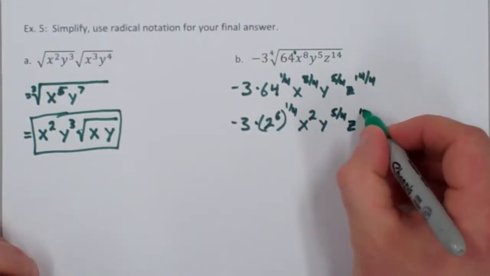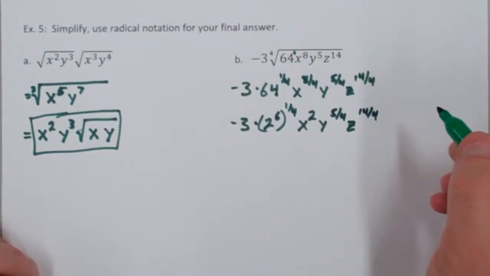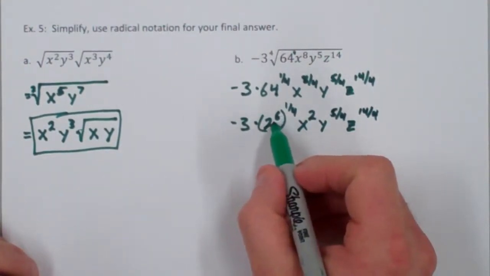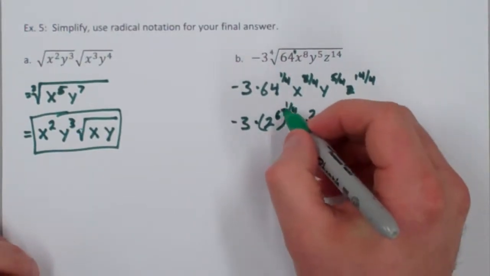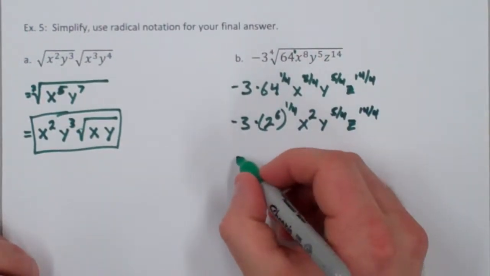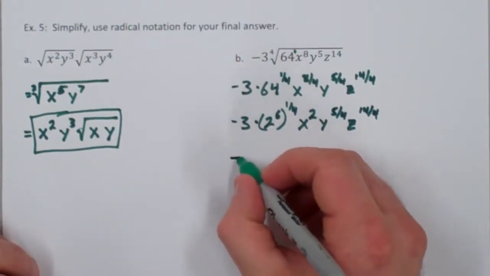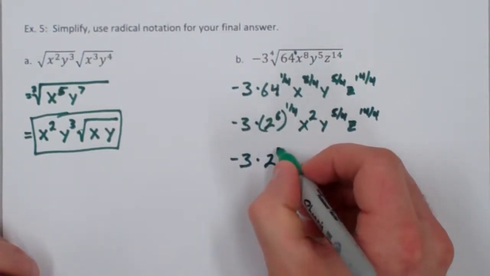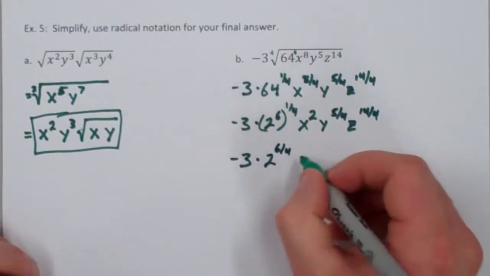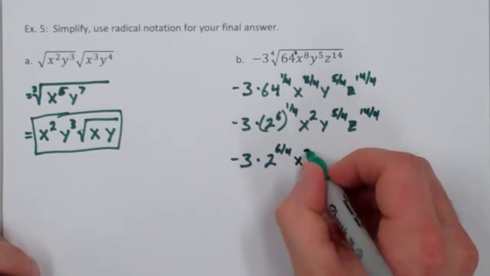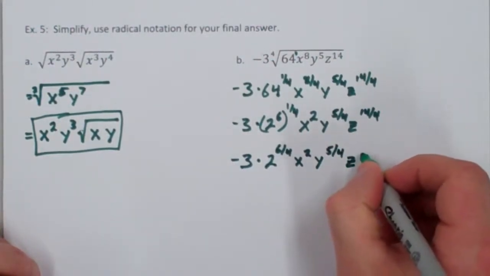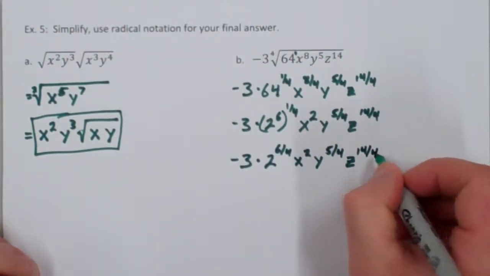And then z to the 14 over 4, we're going to leave just as that right now. Okay, with this first one right here, this is going to be 6 over 4. We could write that, if we wanted to, as negative 3 times 2 to the 6 over 4. X squared, y to the 5 over 4, and z to the 14 over 4.